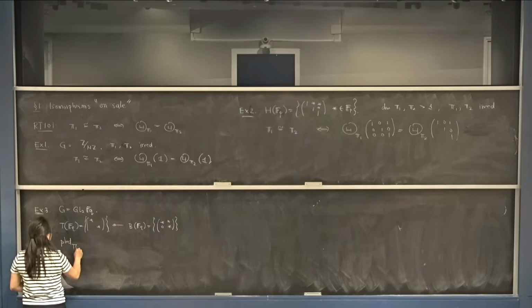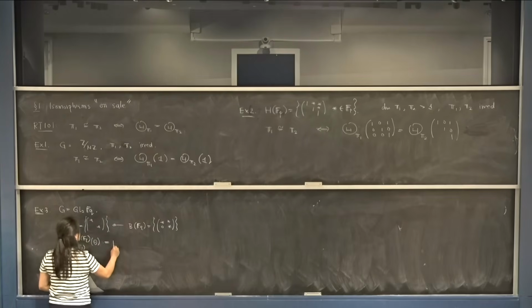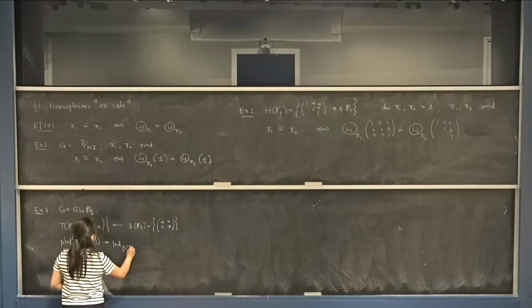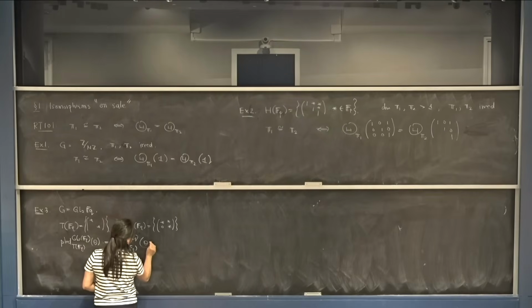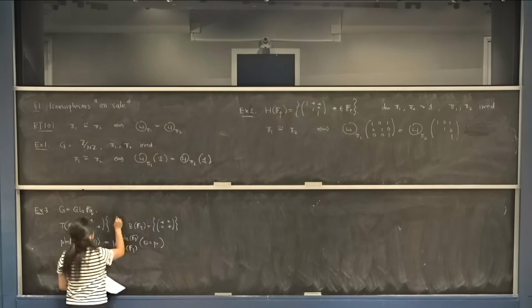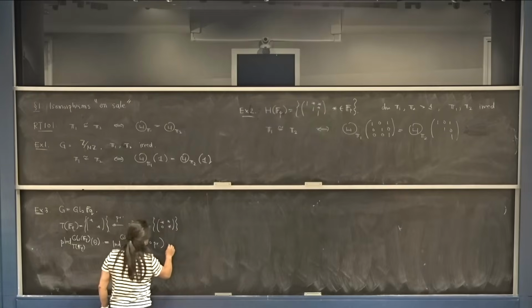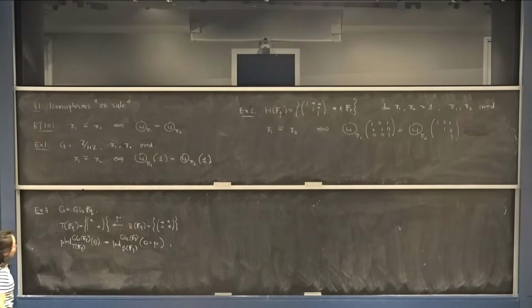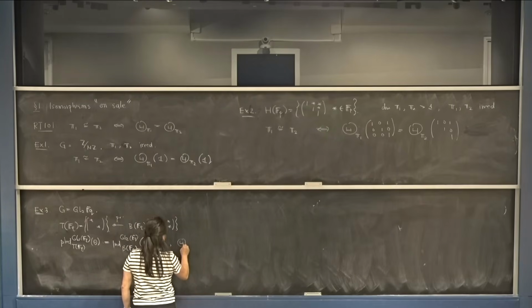So let me define first the parabolic induction of theta to be the induction from B(FQ) to GL2(FQ) of theta composed with this map here. We'll call it projection. And in Representation Theory 101, what you learn is how to calculate the character of such a thing. It's quite easy.